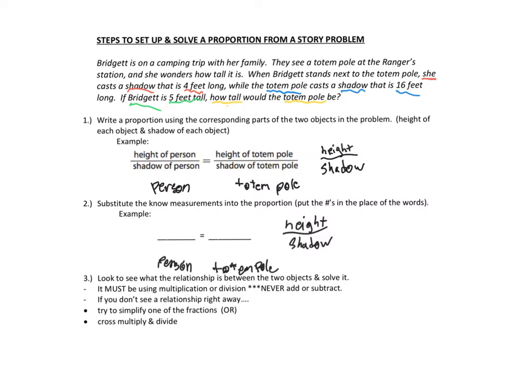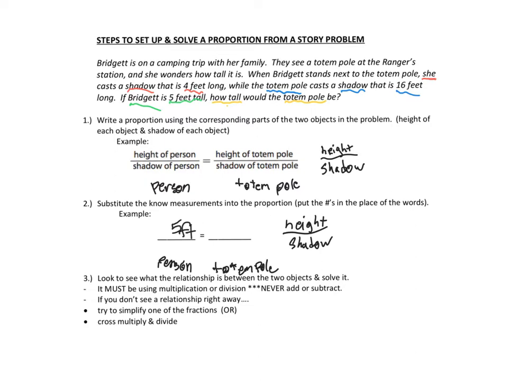So now that we have all that, step 2 says to substitute the known measurements into the proportion, meaning the information that we found up here, we're going to put in for our proportion. So the first thing is the height of the person. What is the height of Bridget? We look back in the problem and see that Bridget is 5 feet tall. So that's where we're going to put the height of the person, 5 feet tall.